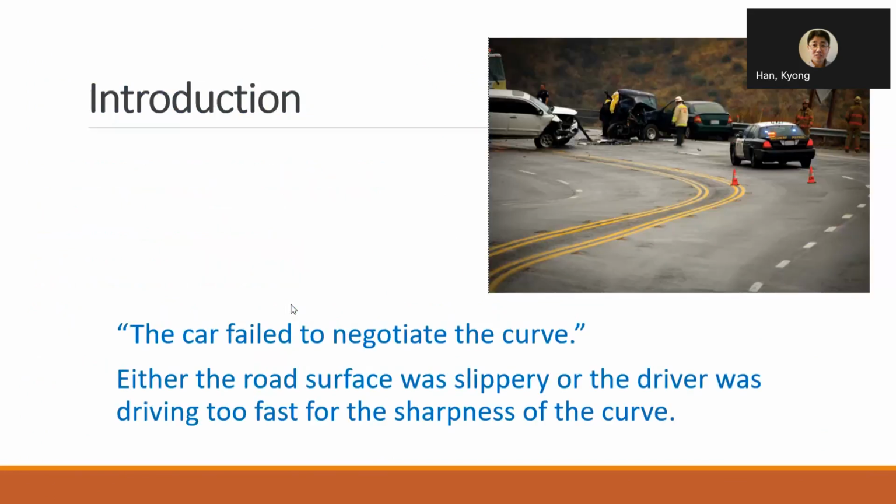Introduction. Maybe in radio news you can see a car on a curved road that cannot negotiate the curve and escapes off the road, causing a big accident. Maybe the road was very slippery, or the speed was too fast, or it was an icy road.